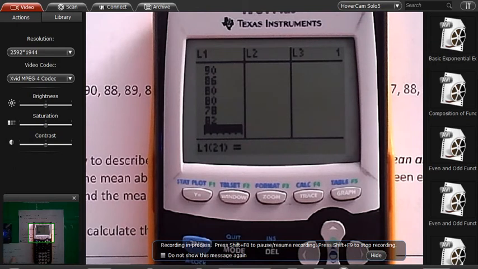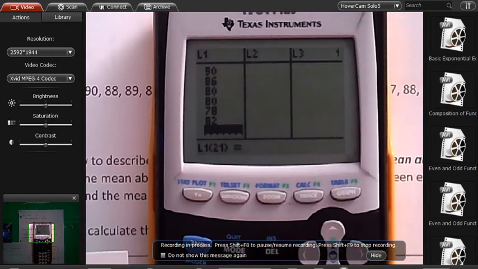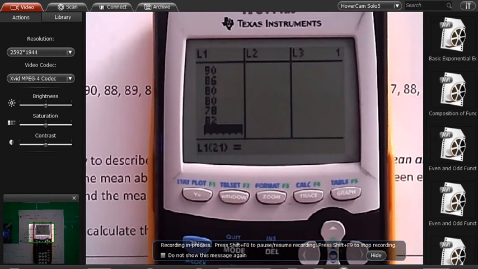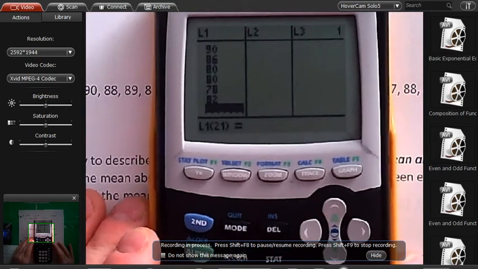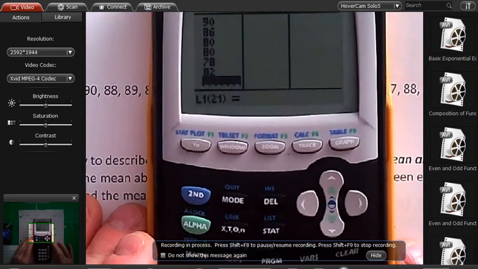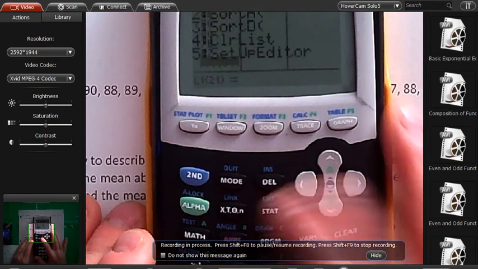If your screen says at the bottom L1 and 21 in parentheses, that means you've done it correctly because now it's in that 21st spot and the last number is right above that. So to continue this process of finding the summary statistics that we learned about yesterday, we're going to press Stat again. And it takes us to that same screen.